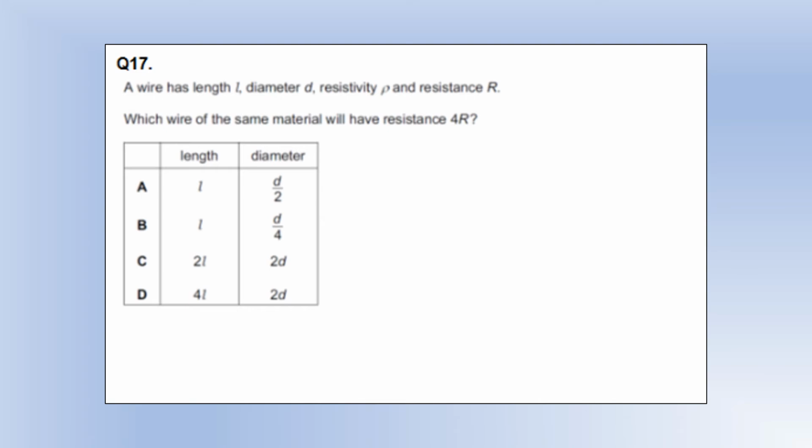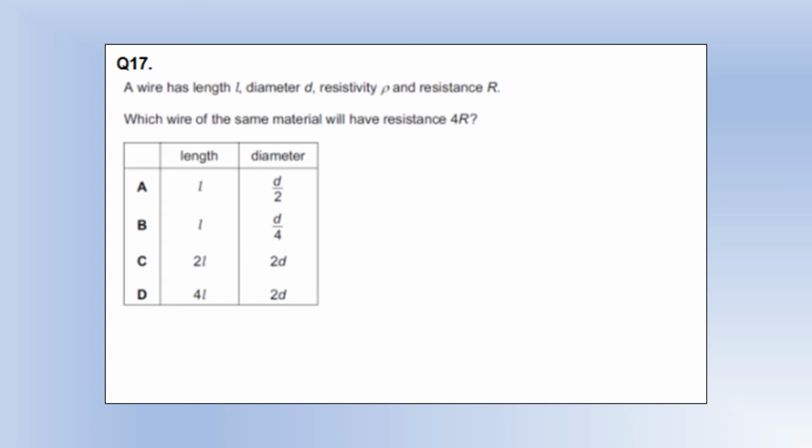A wire has length L, diameter D, resistivity ρ, and resistance R. Which wire of the same material has resistance 4R? Remember, we can increase the resistance by either increasing the length, decreasing the area, or decreasing the diameter.